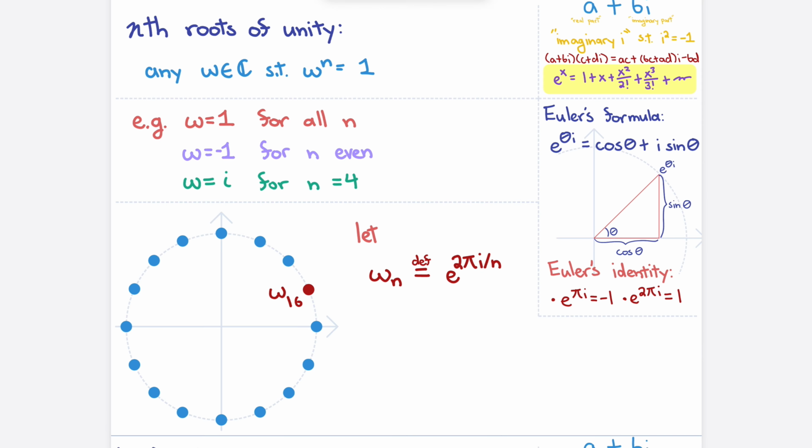Okay. So for any n, there's kind of these n distinct points where if you take it to the nth power, you get 1. Okay, this would be it for 16. You can imagine 32, you can imagine 64, where I just keep refining it. Okay. So complex numbers has this very cute trick. Doesn't seem very useful right now, but it has this very cute trick where you can get many roots of unity.